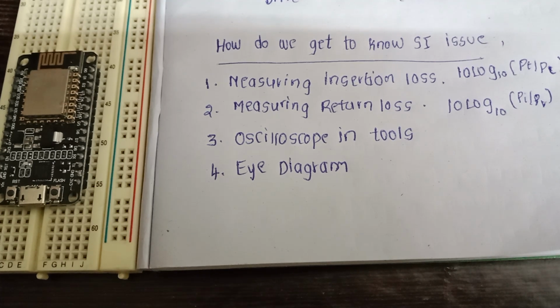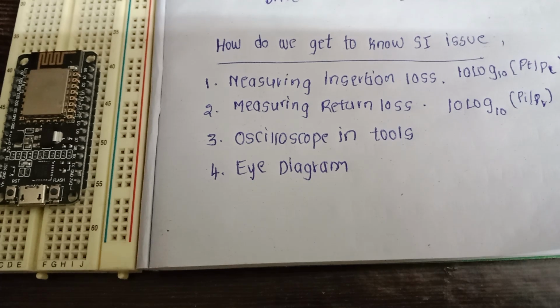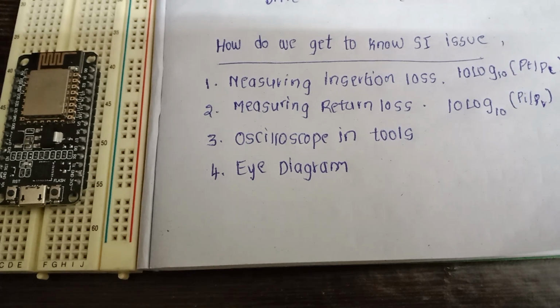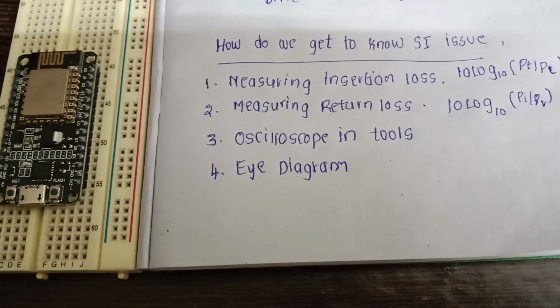But let us assume you want to see how the exact waveform is. For example, if we are giving a clock from a driver, let us assume 100 megahertz. High speeds could be much higher in gigahertz, right? But we are considering 100 megahertz here. Let us assume a 100 megahertz signal is output from the driver, and this signal is propagating over the channel to the receiver. The clock, we know, is a 50% duty cycle with a specific level.